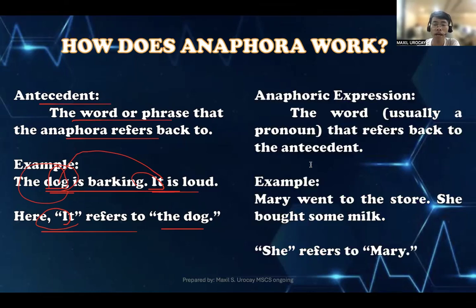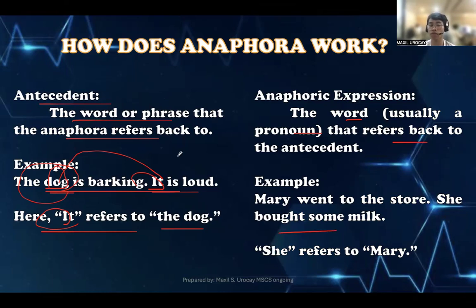So with an anaphoric expression, the word, usually a pronoun, refers back to the antecedent. So we were able to identify that the pronoun we utilize is still referring back to the antecedent that we have. For example, Mary went to the store, so she bought some milk.